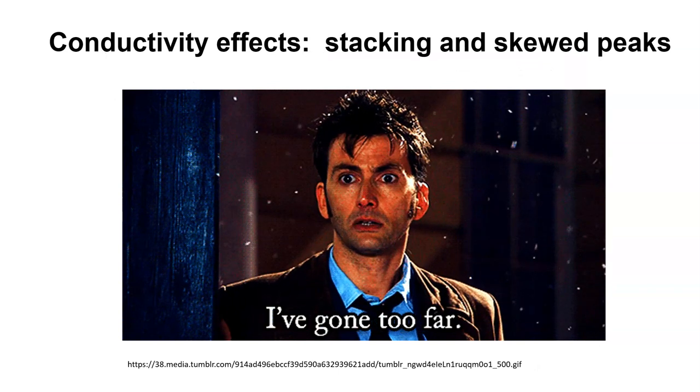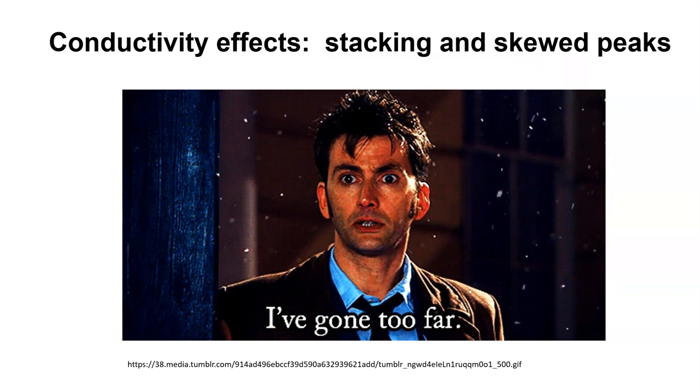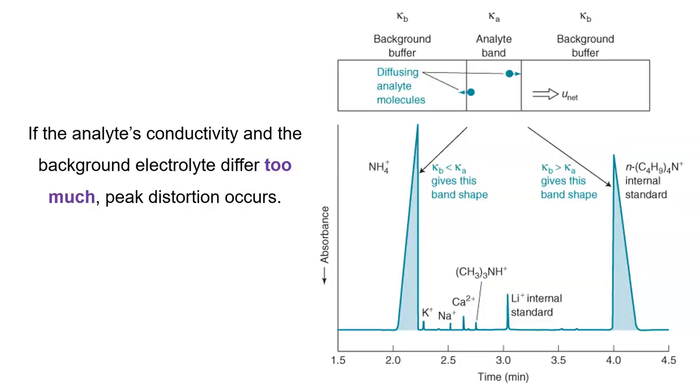But of course, you can go too far. And if you go too far, you'll get things like this. You want a difference between your analyte solution and your background, but it can't be too much of a difference, right? There is such a thing as too much of a good thing. This is what happens when you've gone too far. Now, these shapes should look familiar.